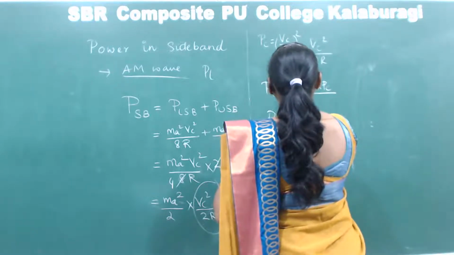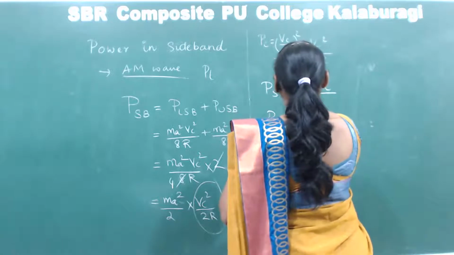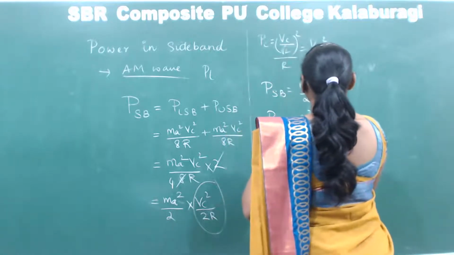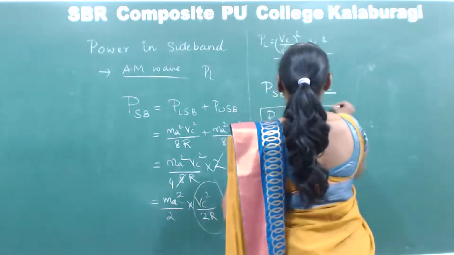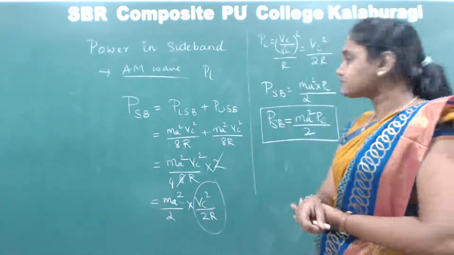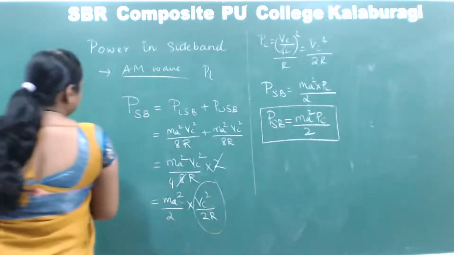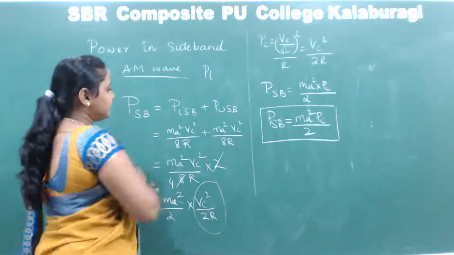So PSB is equal to MA square PC by 2. This is the power in sideband. How have we computed that? We have considered the power in the sideband.